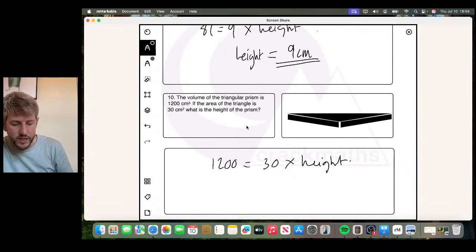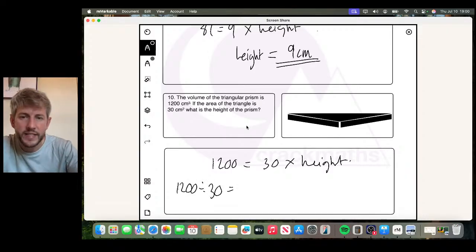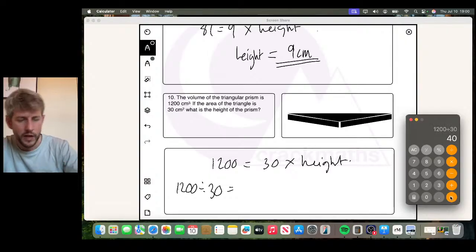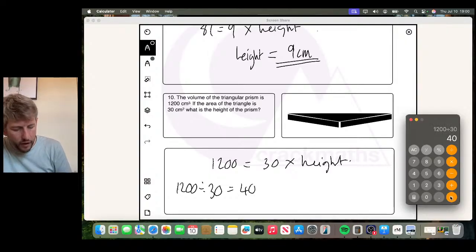So we've got 1,200 equals 30 times something. I'm just going to do 1,200 divided by 30 to find out what that is. Okay, 1,200 divided by 30, and that equals 40. So the height will be 40 centimetres.